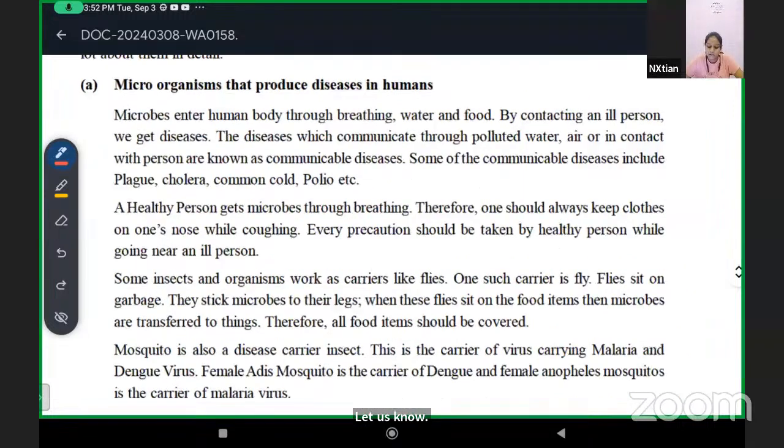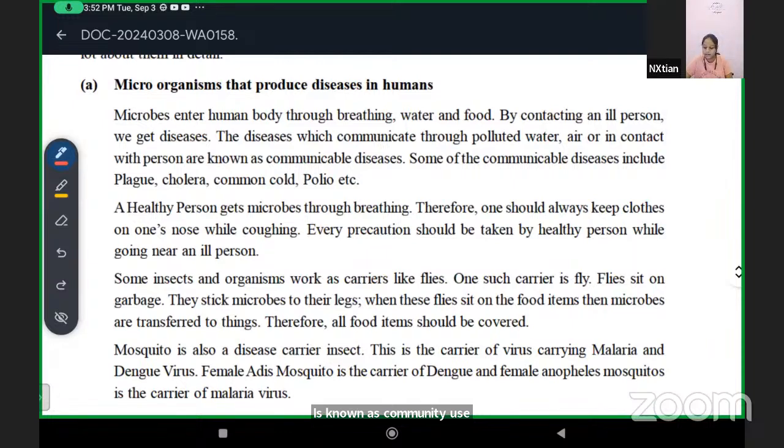So this is about microorganisms that produce diseases in us. Okay, how does that happen? Microbes enter the human body through breathing, water, and food. By contacting an ill person, we get diseases. The diseases which are communicated through polluted water, air, or contact with another person are known as communicable diseases.